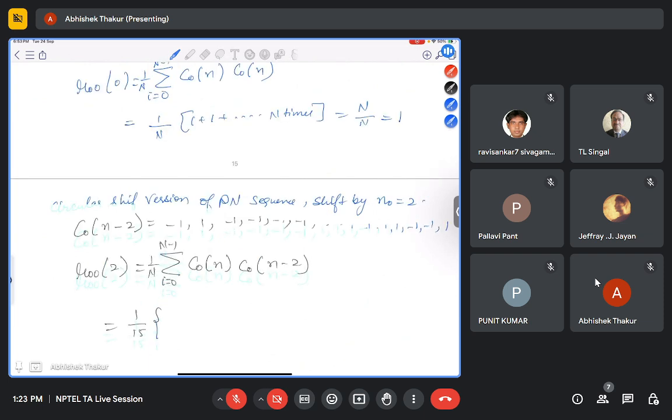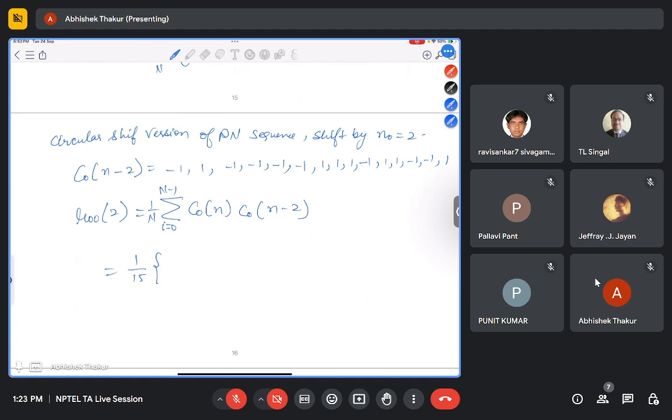We can multiply all this, like minus 1 into minus 1, then plus 1 into, sorry, this is minus 1 into 1, C naught of n, then again minus 1 into minus 1, and so on. So after doing all this summation, the final result is minus 1 by 15. This is equal to minus 1 by n.